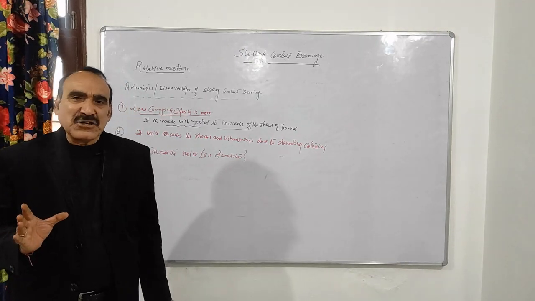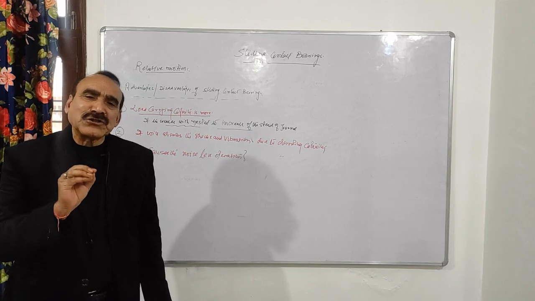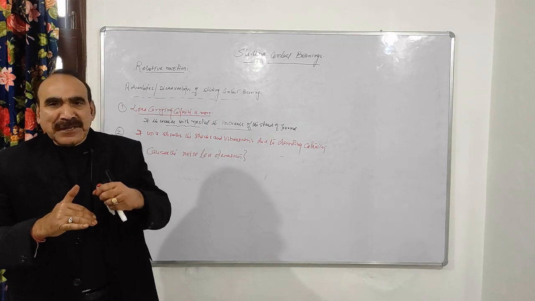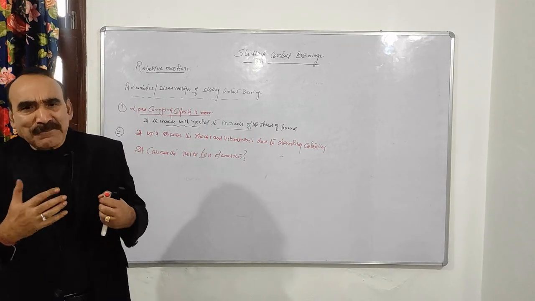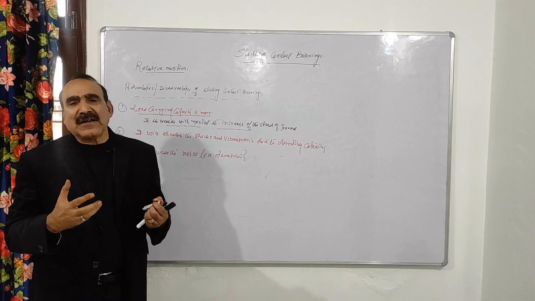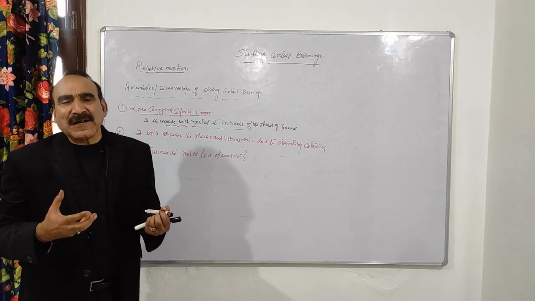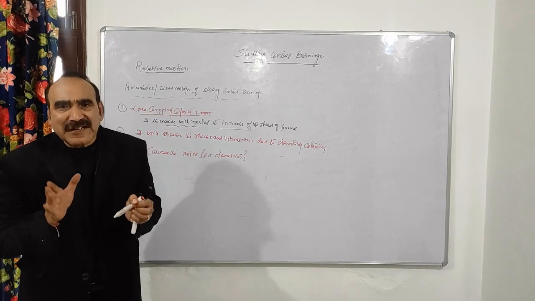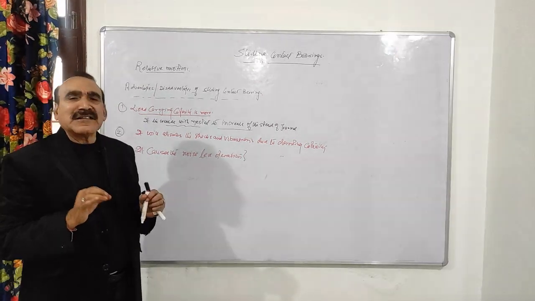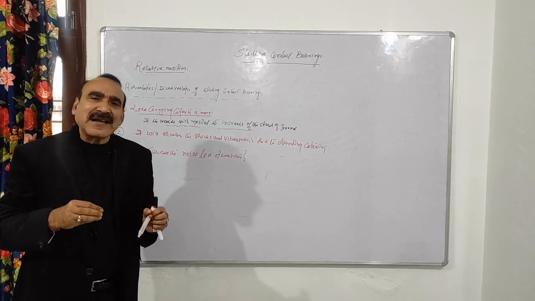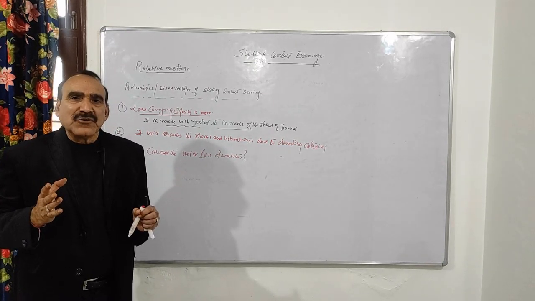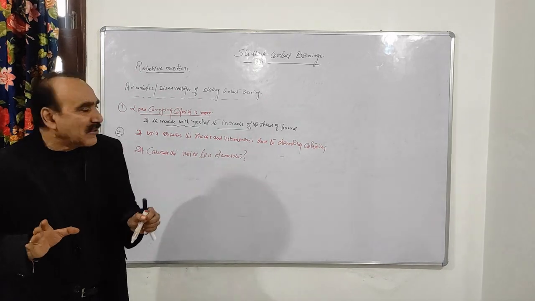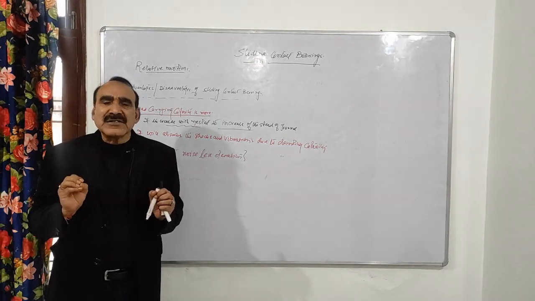With this split type structure, you can adjust the bearing properly according to the design of the other things where you have to apply the bearing. So this is the fourth point, that it has a split type structure and it can be used where other bearings are very difficult to use. We can use it there. So this is the fourth one.